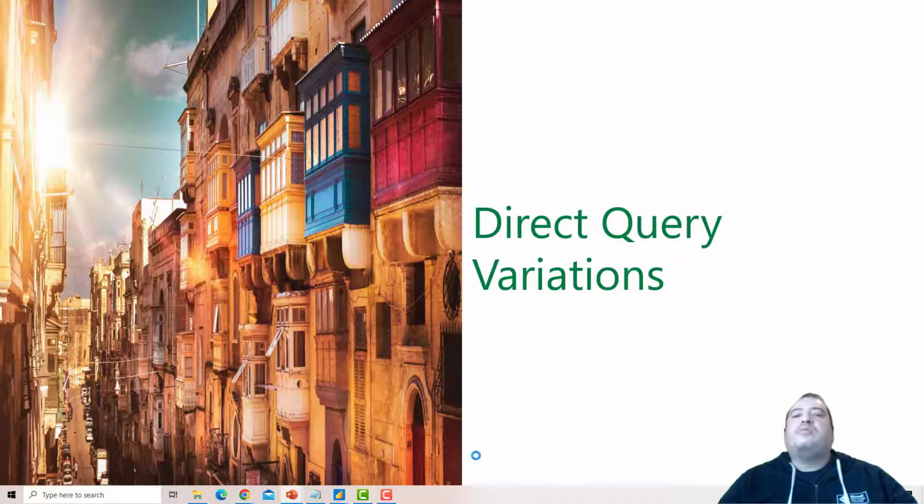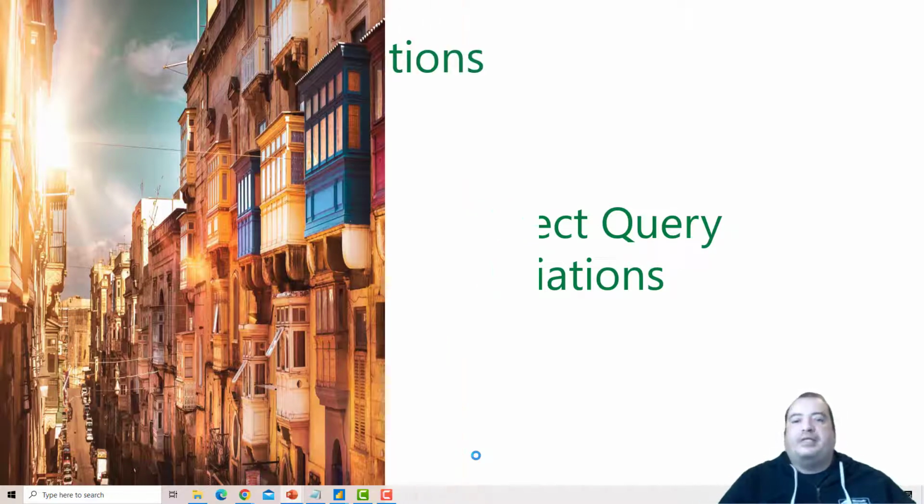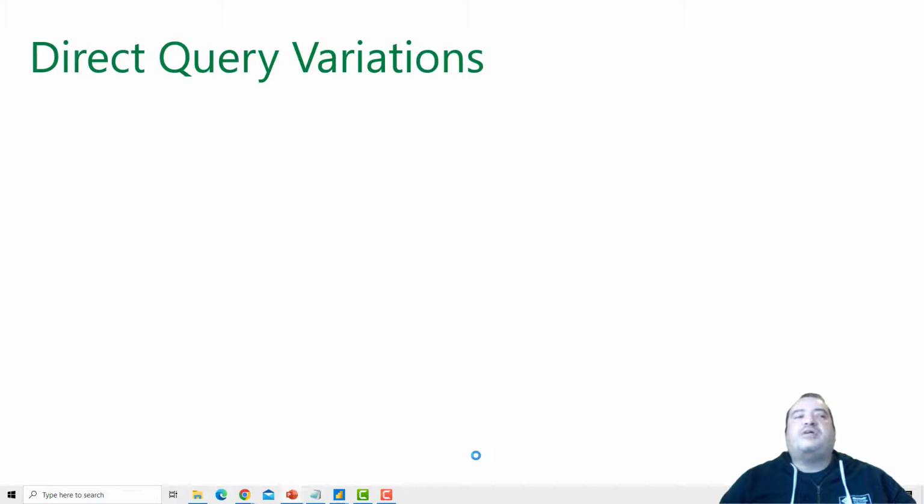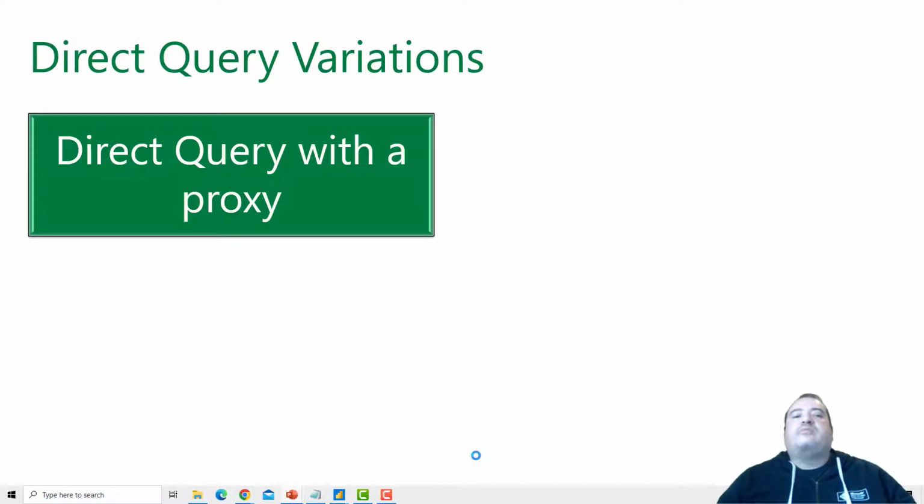Let's talk now about DirectQuery and some variations of the usage of DirectQuery. DirectQuery with a proxy is one of the options of DirectQuery. How does this happen? DirectLake has many limitations, many situations that it doesn't support.